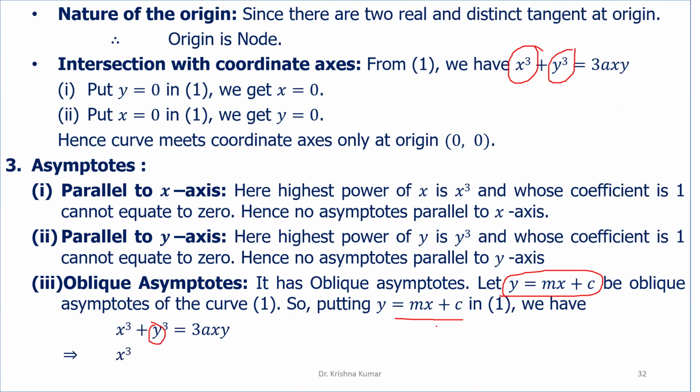Let me put over here x cube plus (mx plus c) whole cube, which is equal to 3ax into (mx plus c). Let us simplify it.